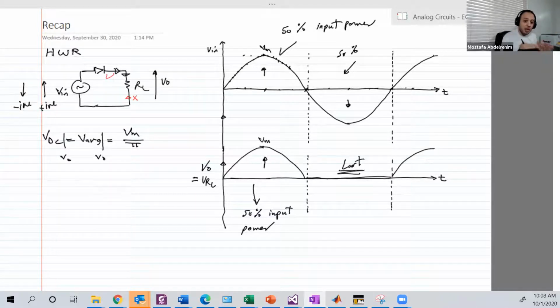In this lecture, we're going to examine another rectifier that can also invert the negative input and convert it into positive. So we can get benefit from both half cycles, and increase our efficiency for the output power.